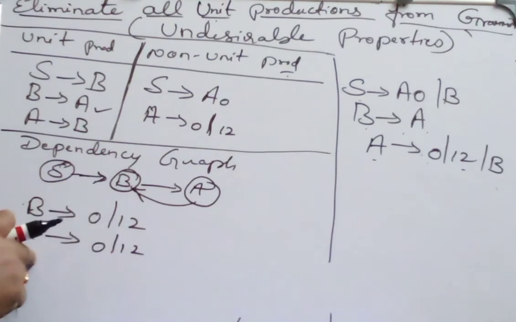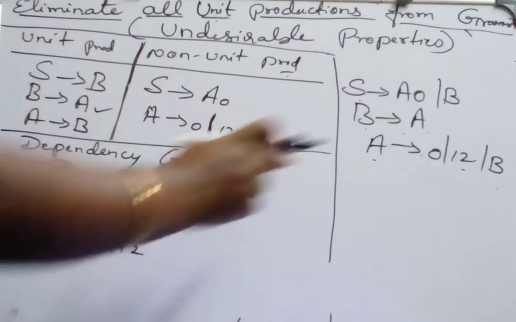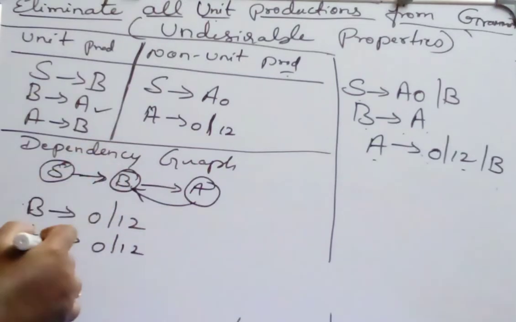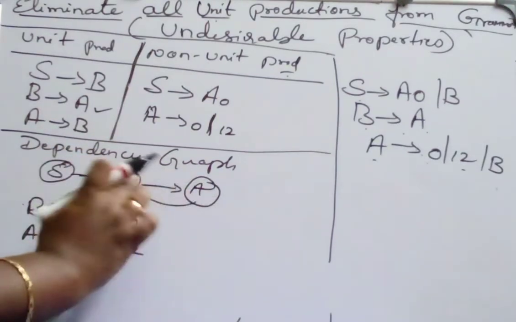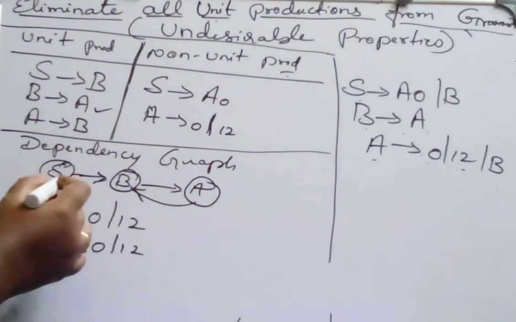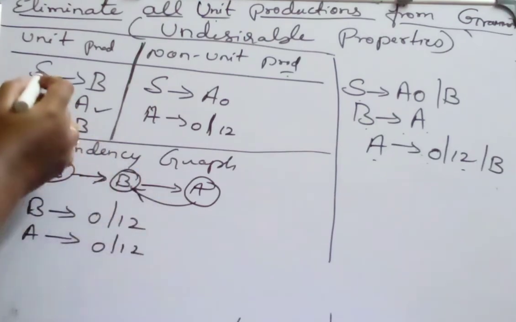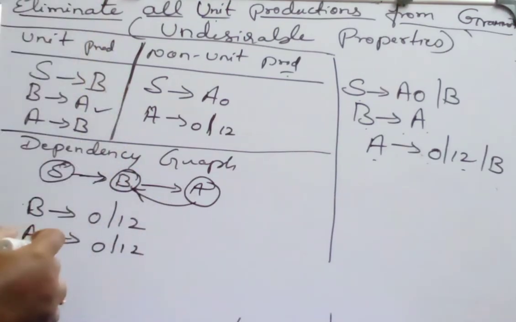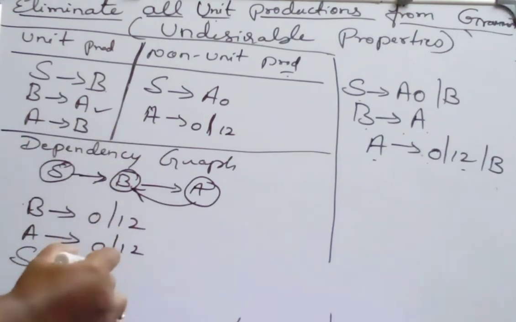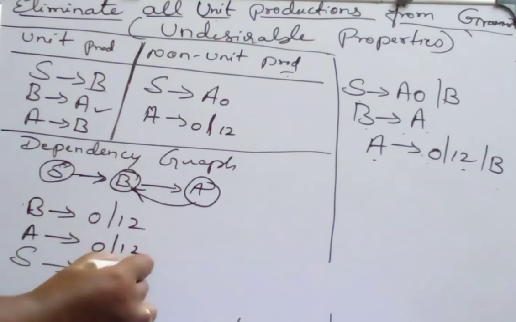Next production is S derives. Here we don't have a unit production for A; we have A0 or B. We remove the dependency between B and A. Next is S derives B. What is B here? 0 or 1, 2.